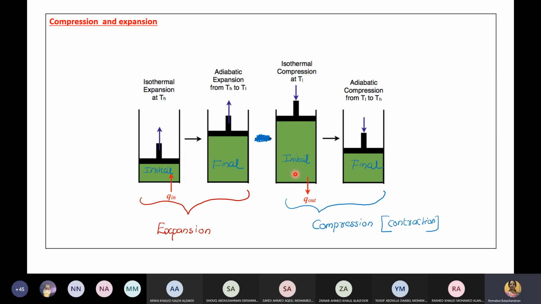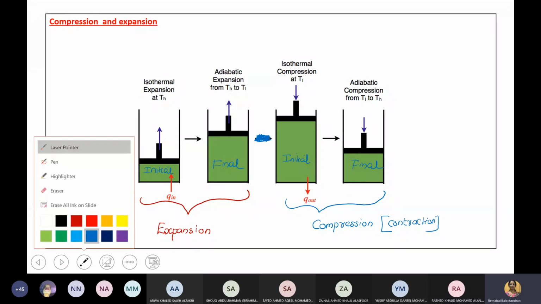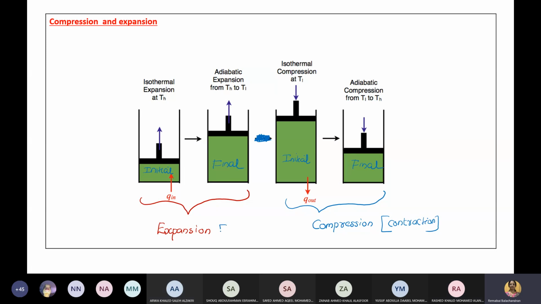Here, who is the one doing work in this case? The surrounding. Yes, the surrounding is doing work on the system. So work is done on the system by the surrounding. In the first case, work is done by the system on the surrounding, so W is negative, right?